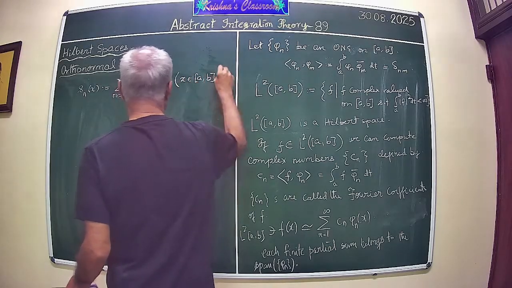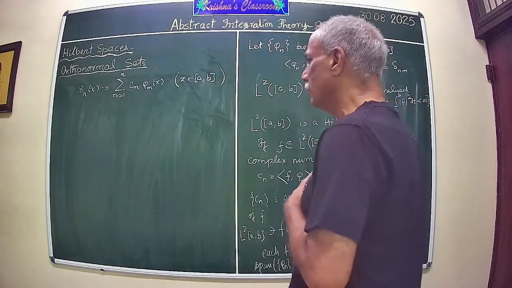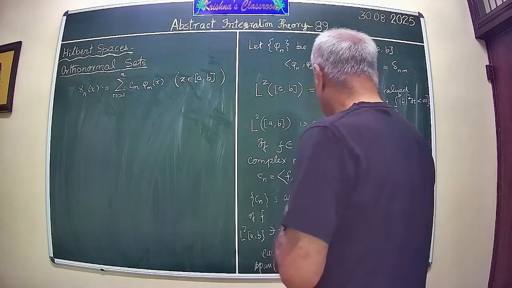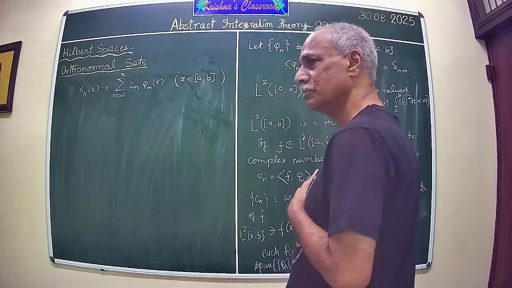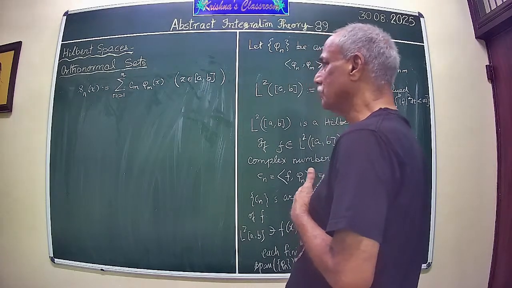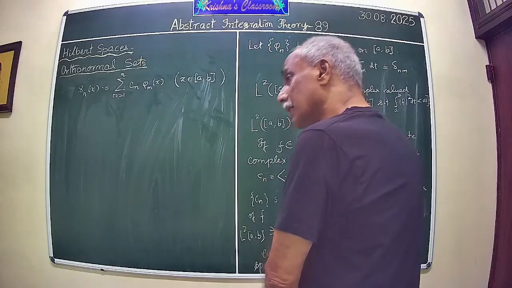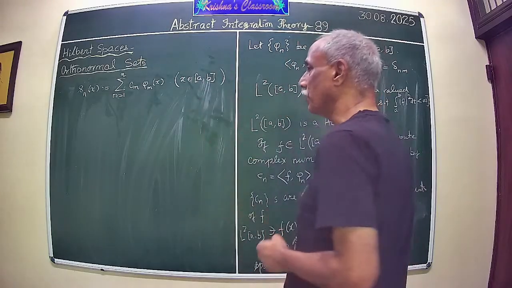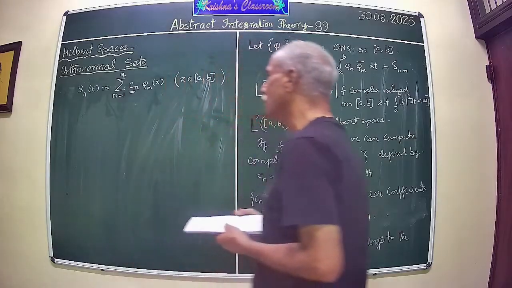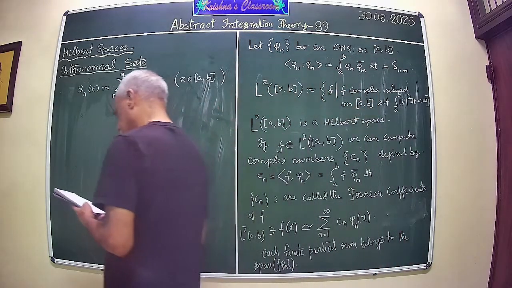It's a finite sum that you are talking about, so there is no complication at all. So S_n is a partial sum of the so-called Fourier series. In fact, S_n(x) is a vector which is a linear combination of phi_m constructed with the Fourier coefficients. So these numbers that we take are the Fourier coefficients. Okay, so that's the important part of it.